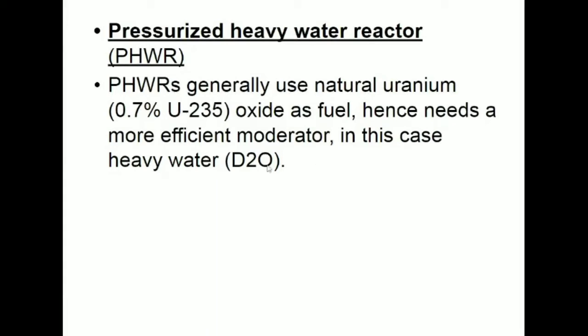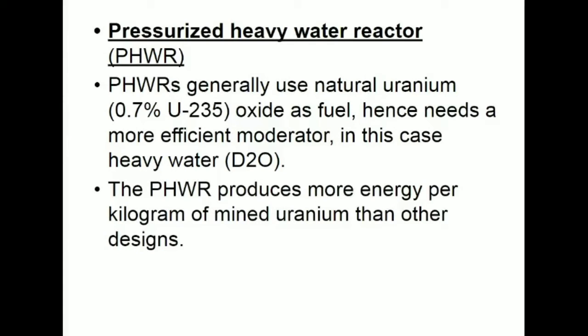In this case, heavy water. So instead of H2O, that is the ordinary water, we are using D2O, heavy water in this case. The PHWR produces more energy per kilogram of mined uranium than other designs. So it has got better efficiency.